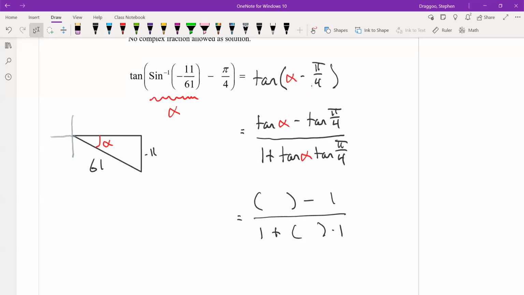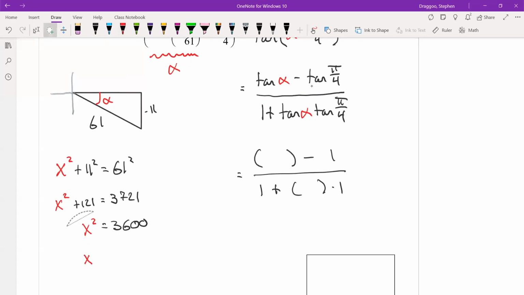So I need to solve for my adjacent side. I'll set up the Pythagorean theorem. X squared plus 11 squared is equal to 61 squared. So that's x squared plus 121 is equal to 3,721, meaning that x squared is 3,600.